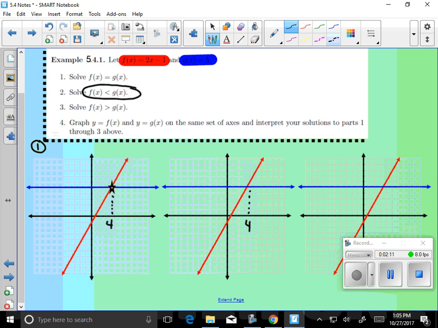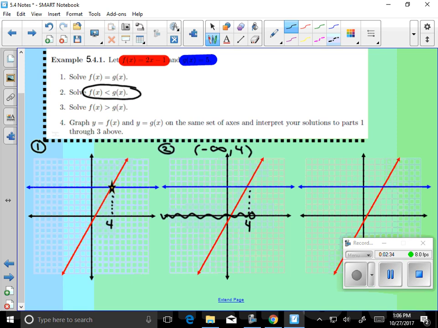Where would it be less than or equal to g of x? Well, for the second part, we would say anywhere that the red line is below the blue line, it'd be true. Right? So for our domain of that, we would have an open circle at 4 because they're equal there. And the answer to this would be negative infinity to 4.